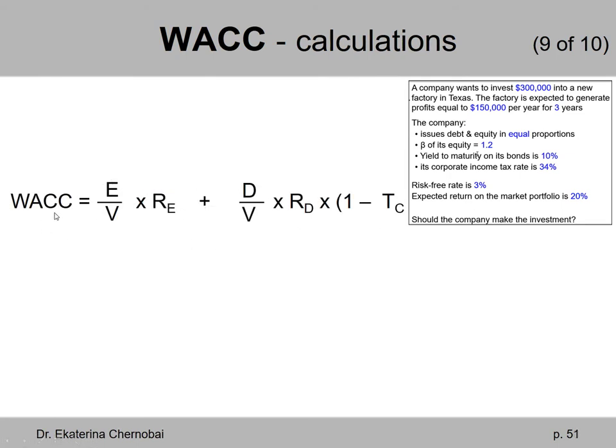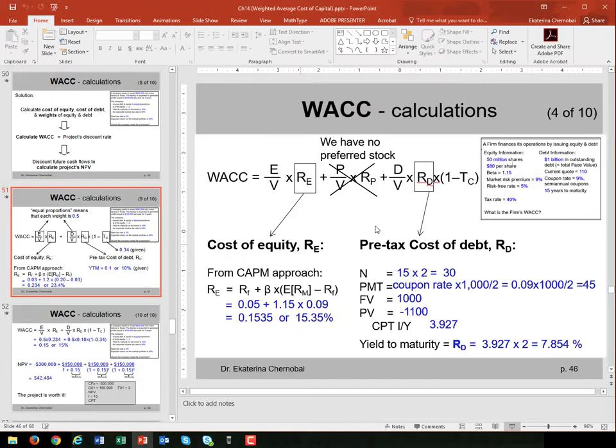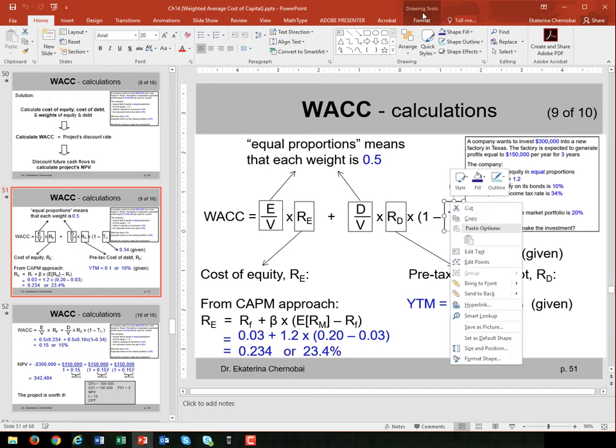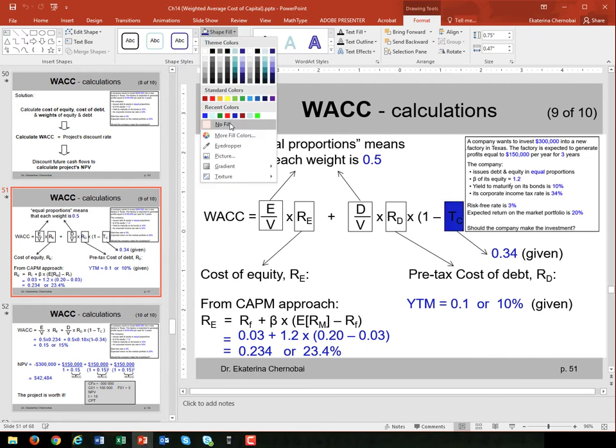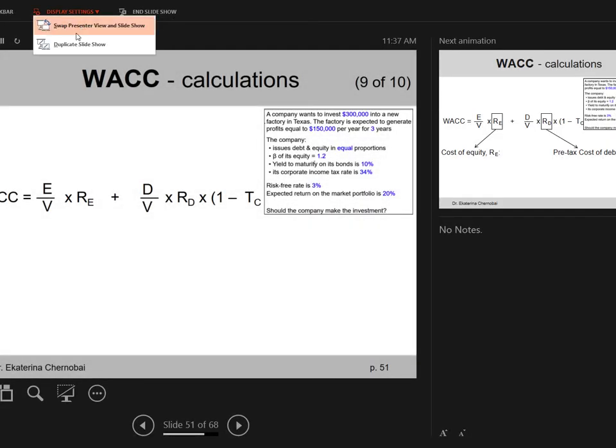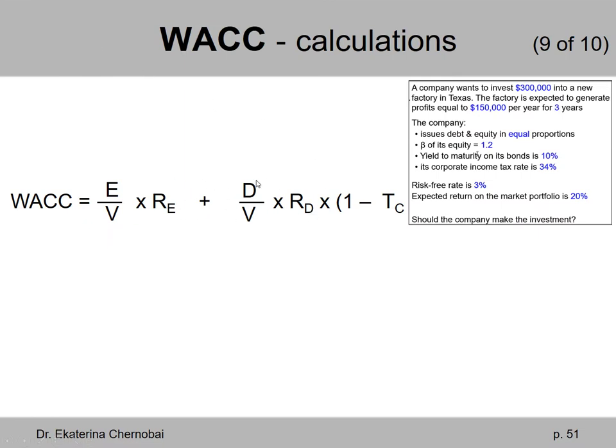Let's start with the weighted average cost of capital formula. Once again, we only have 2 parts in it rather than 3, because we don't have any preferred stock, just debt and equity.